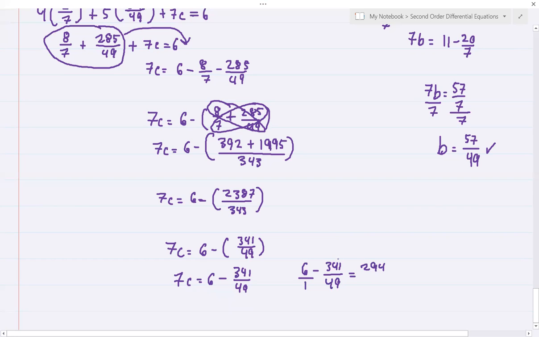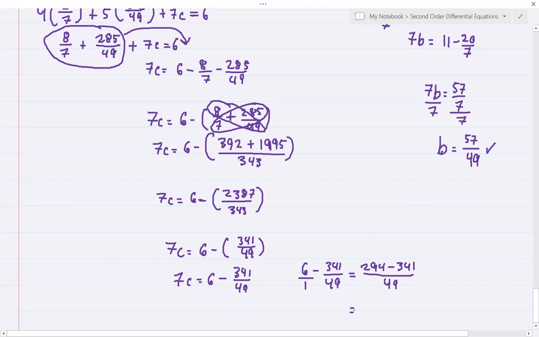Next, 1 times 341, we will have negative 341 all over, multiplying both denominators, 49 times 1, we will have 49.